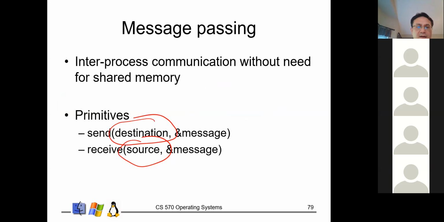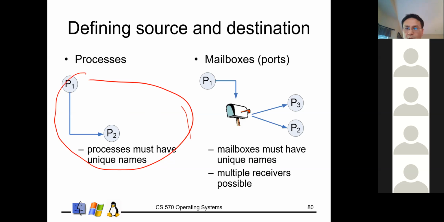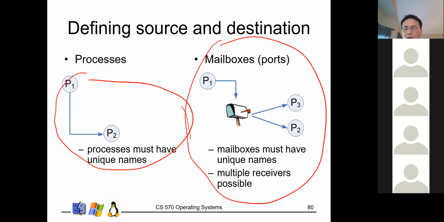For the indirect communication here on the right, this describes a scenario where a sender and a receiver communicate through a mailbox, or port ID.